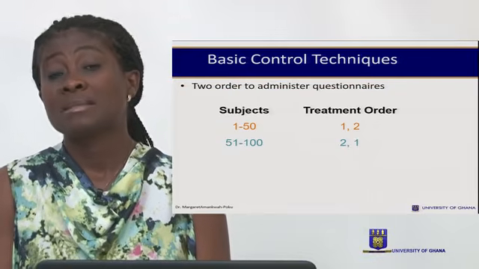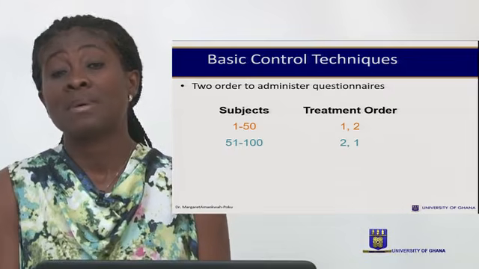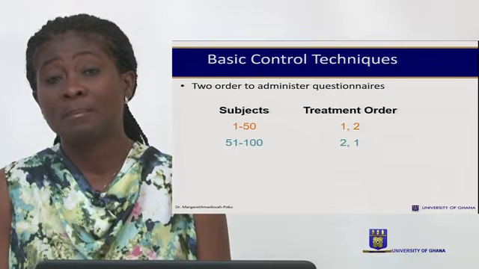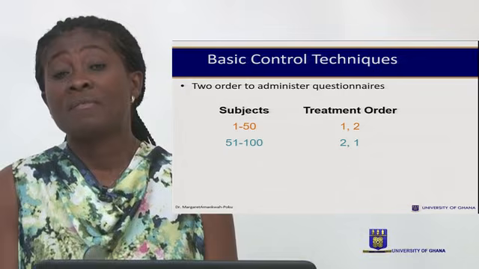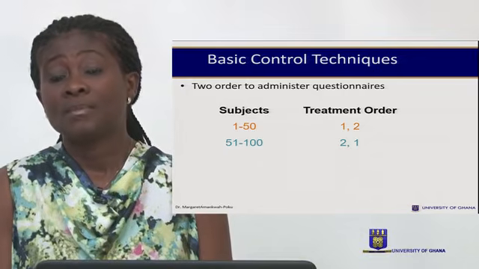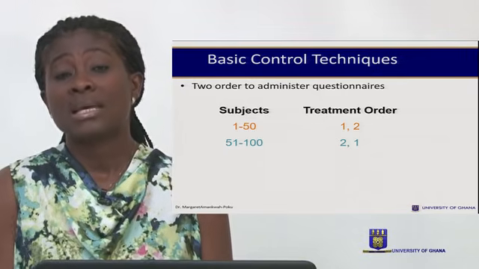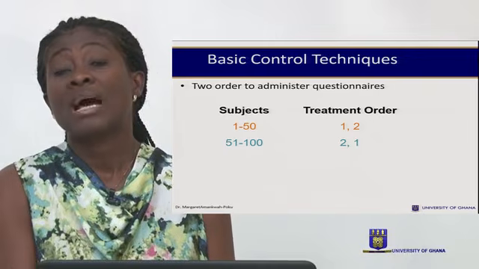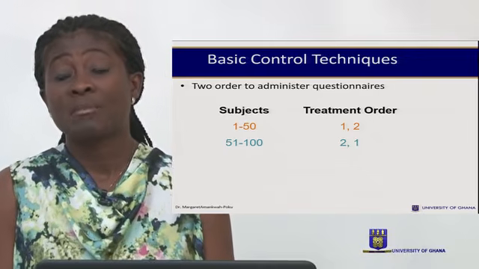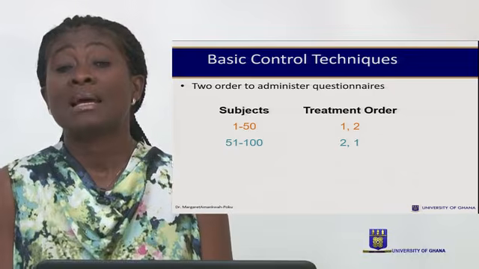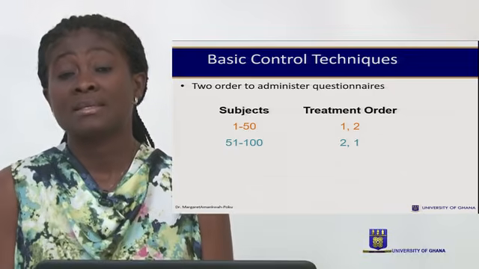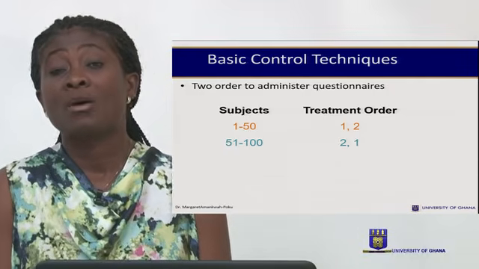So we have 100 participants. So the first 50 participants will have one order. And then we reverse the order. So first of all, we may choose to say that in one order, we have 1 to 5 questionnaires. And then in another order, we will reverse the order of the 1 to 5.